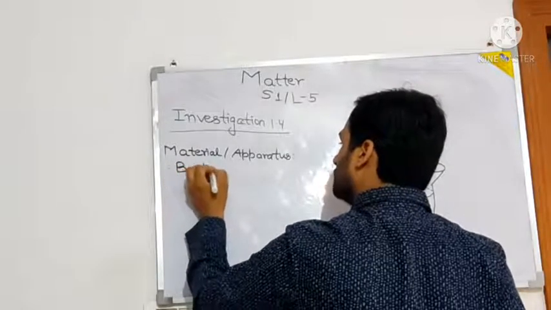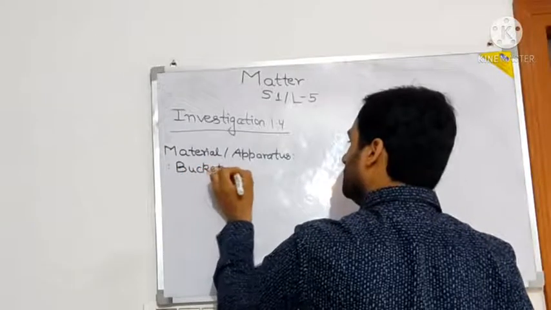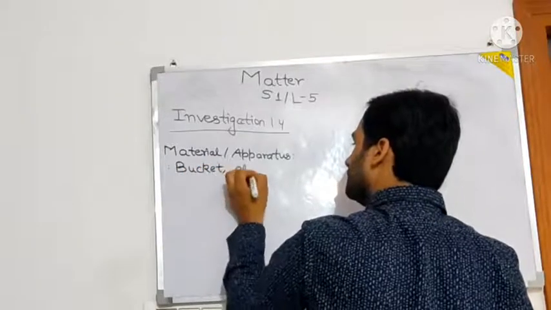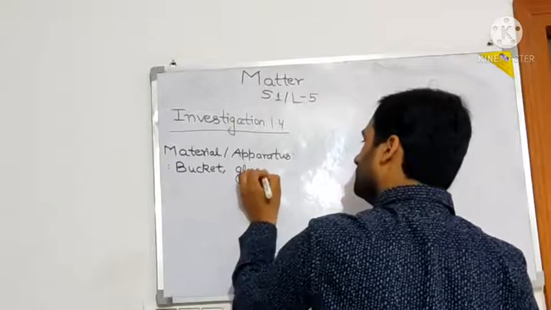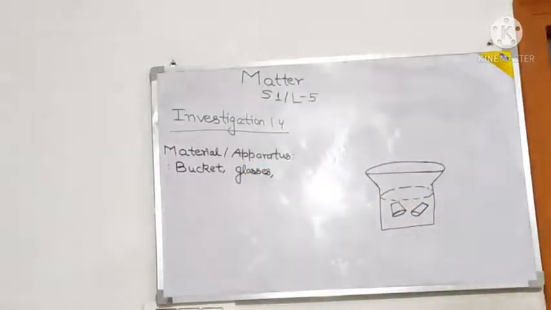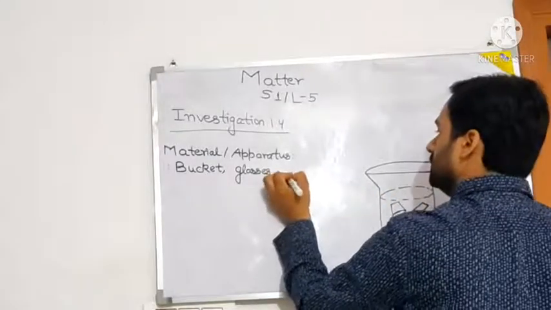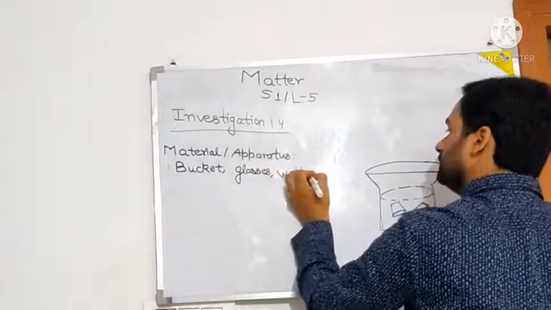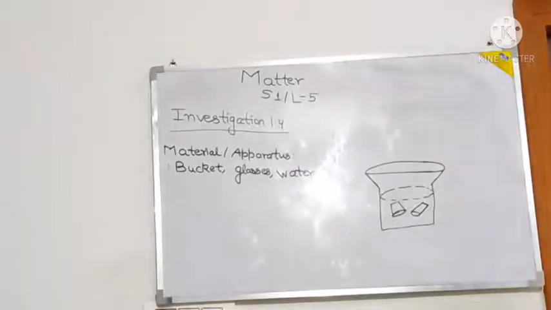A bucket you need for this one. Then glasses. Water also should be there. So you need water also. Let me check if the board is shining or not. No, it is clear from here.